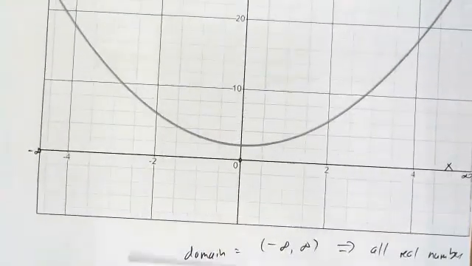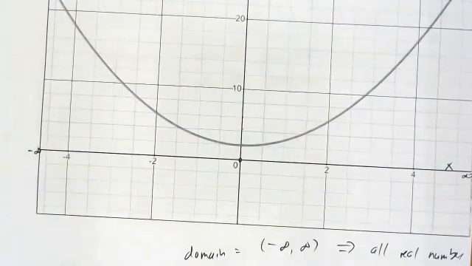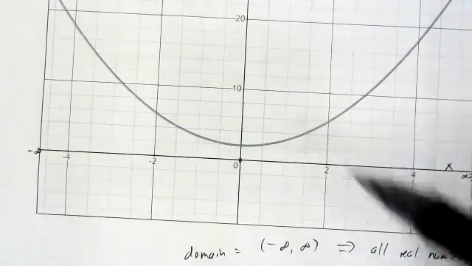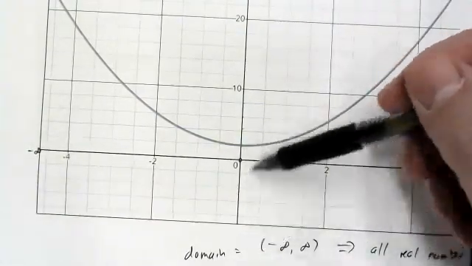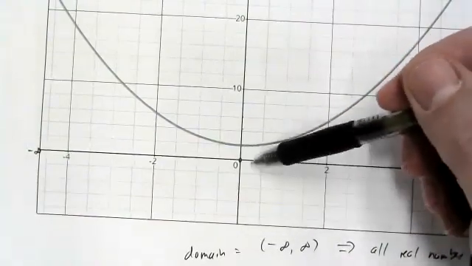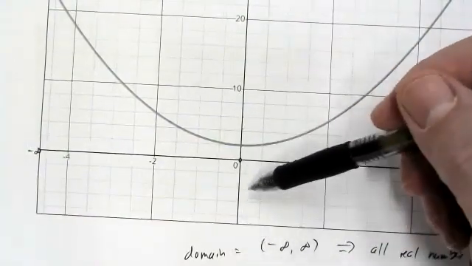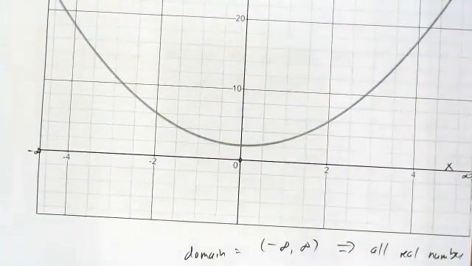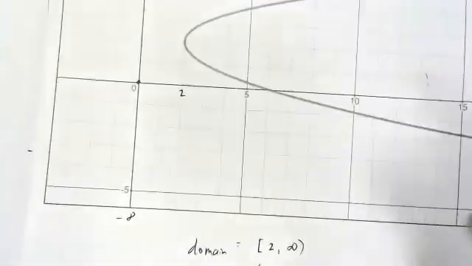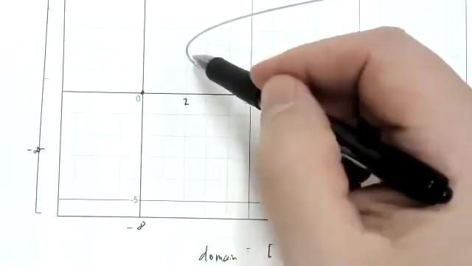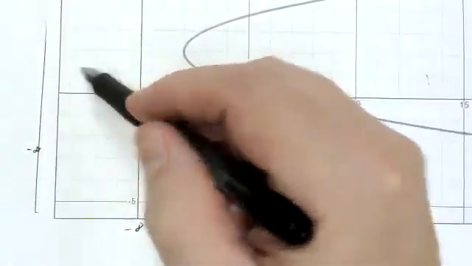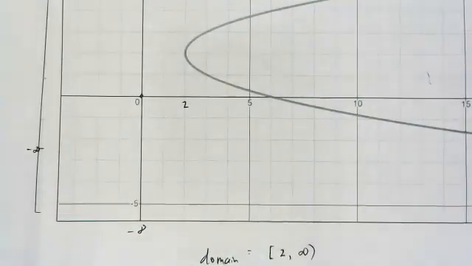And just be warned, a continuous function doesn't mean that the domain and range are going to be negative infinity to infinity, because you can have things like a parabola where obviously there are lots of values of the function that there is no range there. Like this one, the domain starts at 2 because to the left of that the graph isn't there.